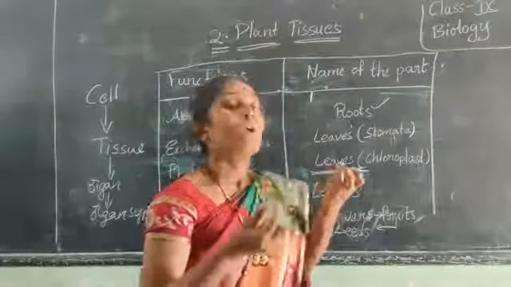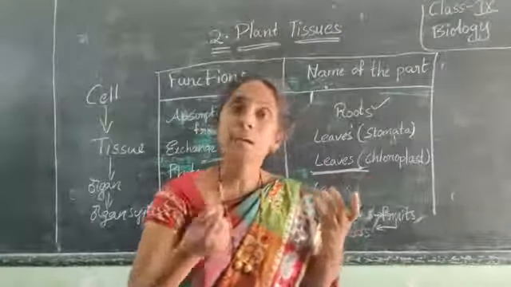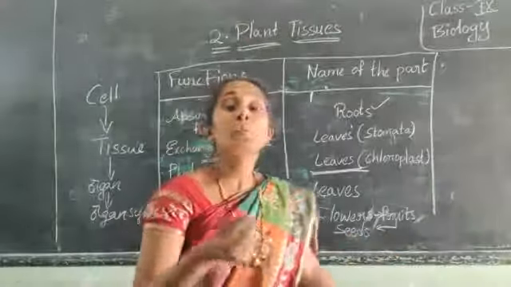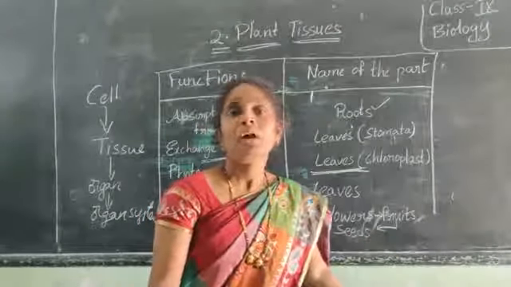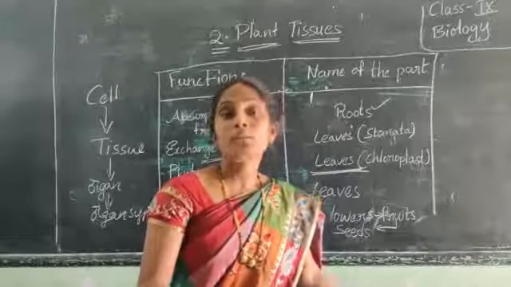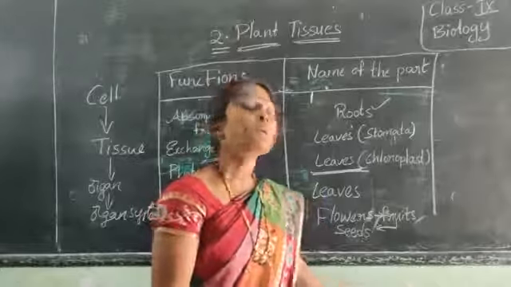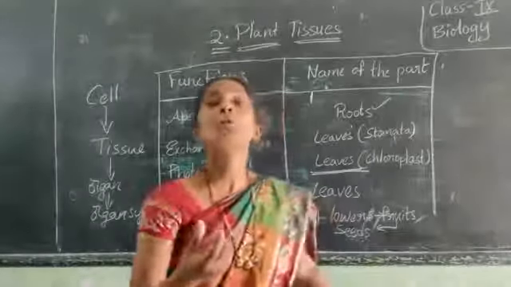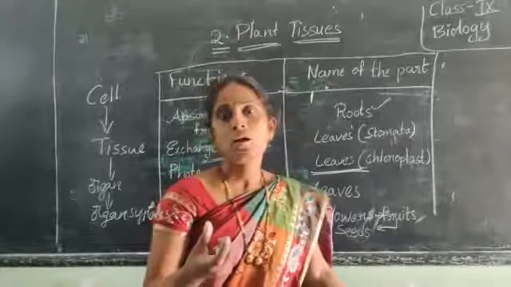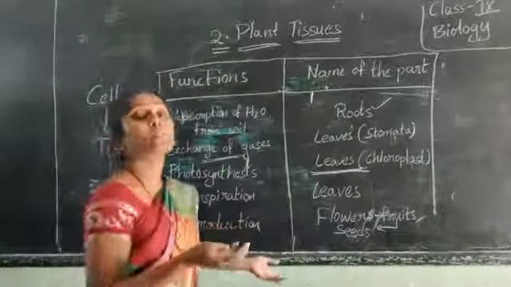So a fruit contains seeds. When you bury these seeds under the soil and supply water and nutrients, the seed can germinate and produce a new plant. Understood, children? That is the process that takes place in reproduction.